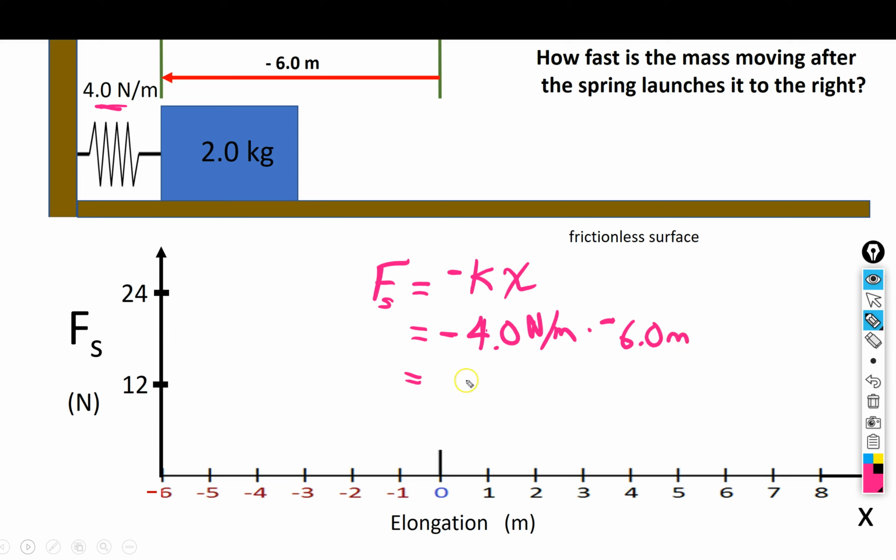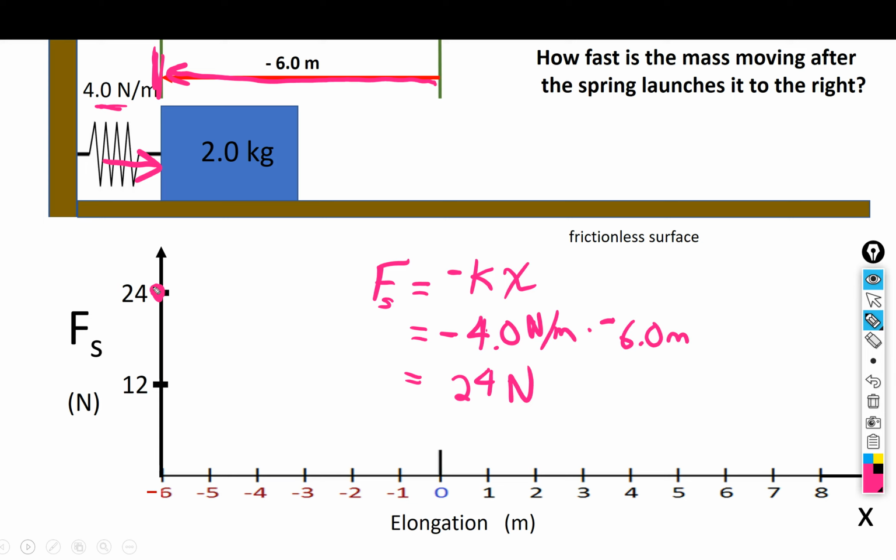And if we calculate that out, we get 24 newtons. So when the spring is compressed all the way here, the full 6 meters, this spring is going to be pushing against that object with a force of 24 newtons.